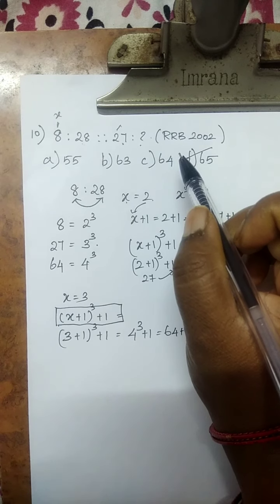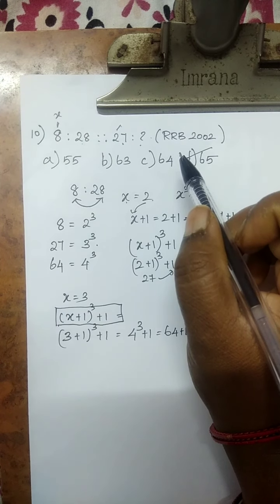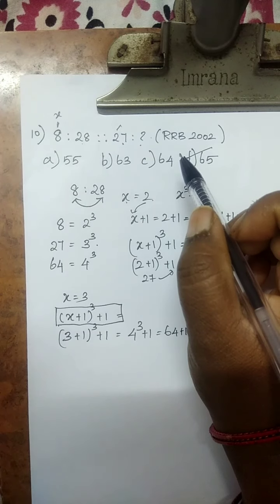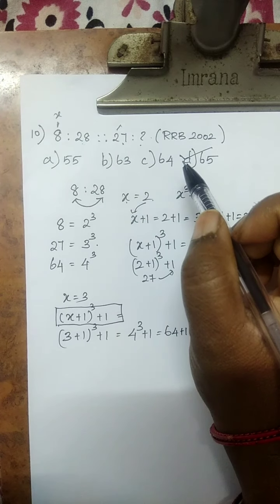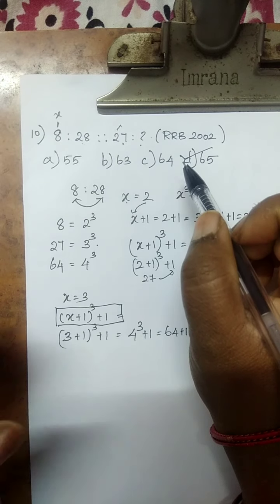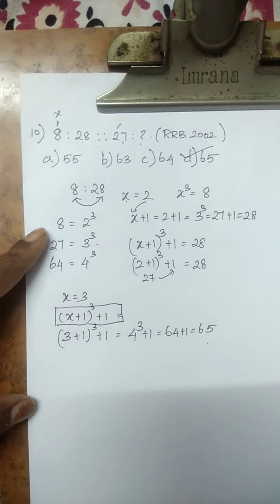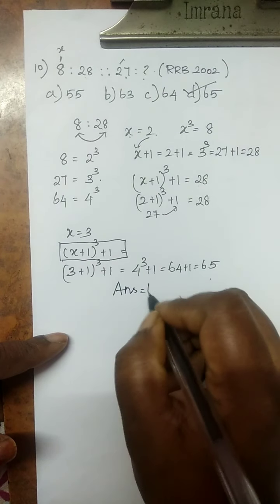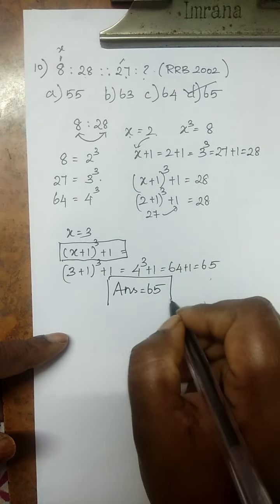But you have to understand the question and think about the answer in a different way. By practicing this kind of sums only, we will realize the relationship, what kind and different kind. We have to think about that. Hence the answer is 65. Option D is the right answer. Answer is 65.